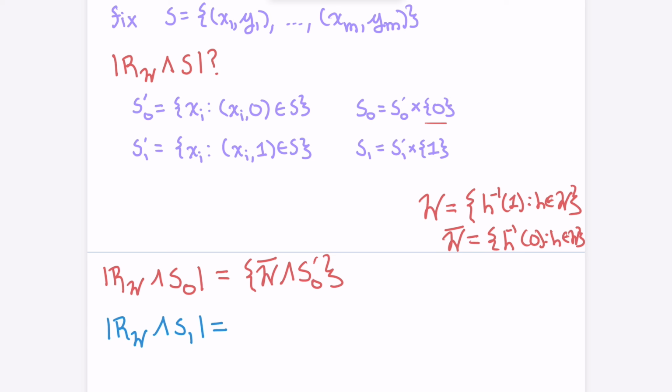And it's not hard to show that H bar has the same growth rate as H. So you're going to get at most G of size of S0, which is at most G of size of S. So these are all the xi's that got labeled 0, all the xi's that got labeled 1.